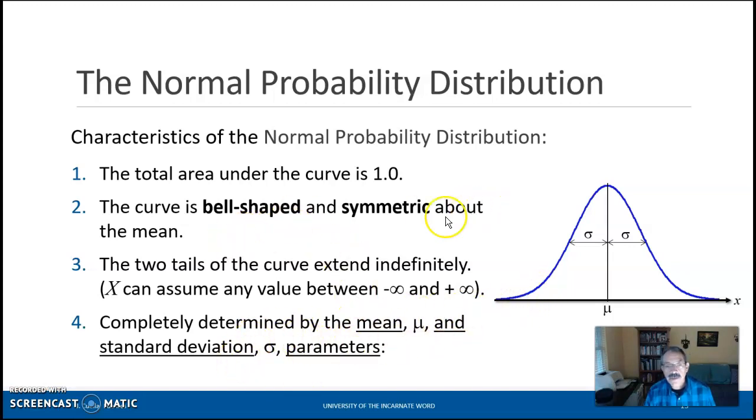Now, when I said symmetric about the mean, that means that if I were to cut out this blue curve, mark the mean on this black line, and fold the two sides, you will see that they will match perfectly. That's what we mean by symmetry.